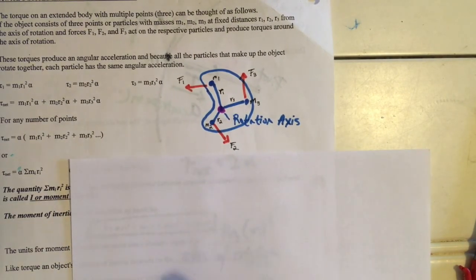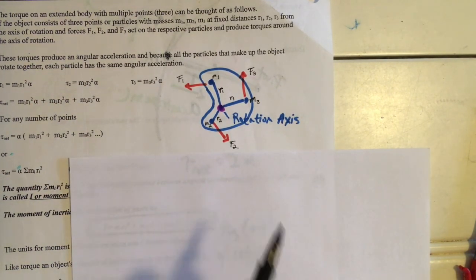What I have here is an object drawn as an extended object. Going into this unit, we thought of everything as a particle mass, with all of its mass at one point in the center of the object. But that's not always true, and it doesn't always work.